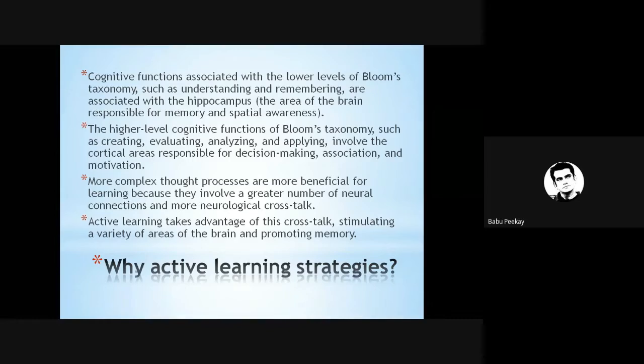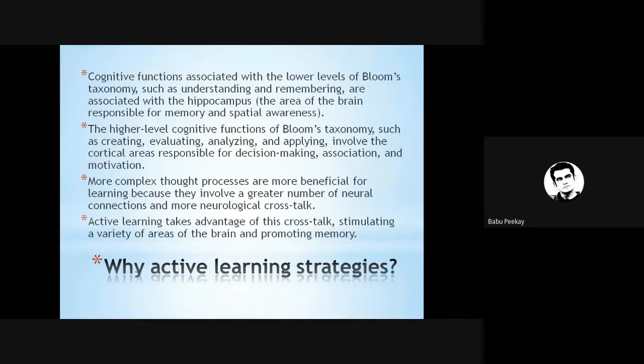That's a brain area, and this area is responsible for memory and awareness. And higher functions like creating, evaluating, analyzing, applying, these involve cortical areas. And these areas are responsible for decision making, association, and motivation.